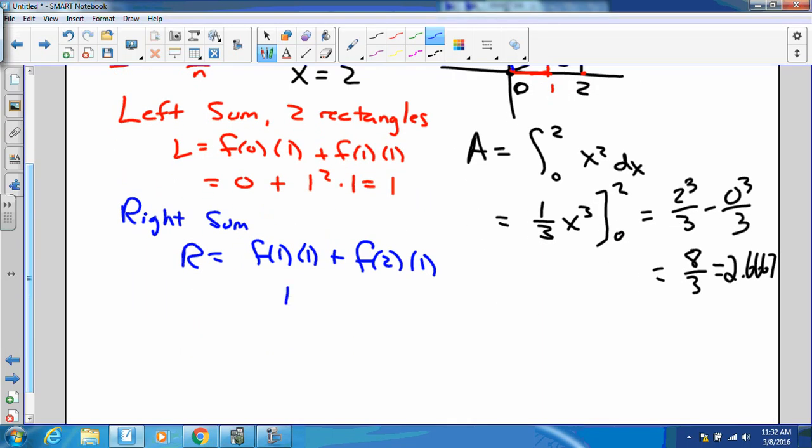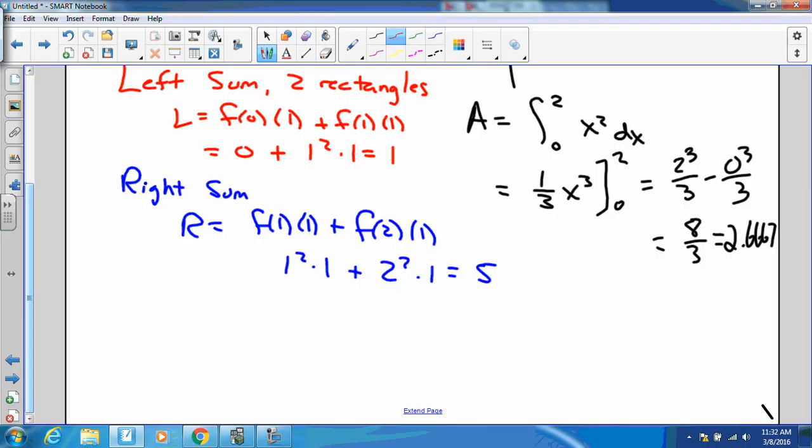And so that gives me 1 squared times 1 plus 2 squared times 1. And so when that adds up, that gives me 5. How'd we do? That's a great overestimate. Okay.